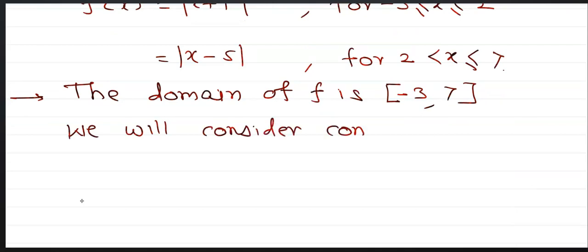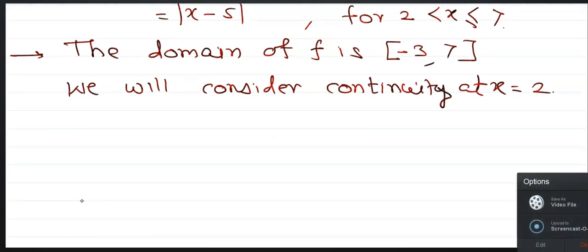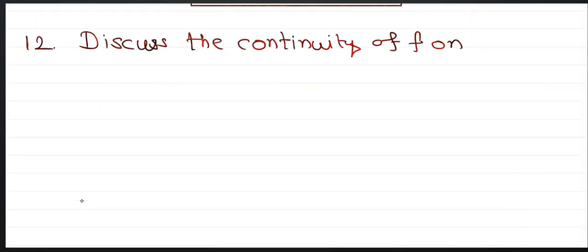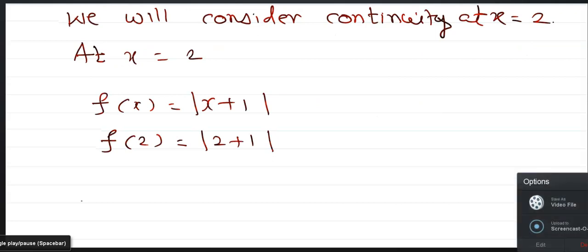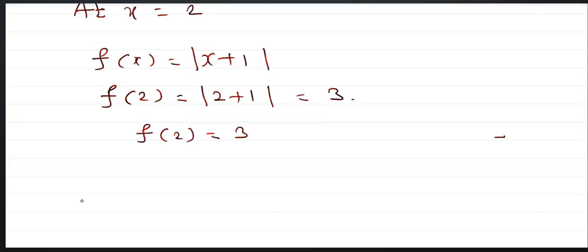Therefore, we will consider the continuity at x is equal to 2 because the given function has a break there. Now here f of 2 is equal to mod of 2 plus 1, that is equal to 3.